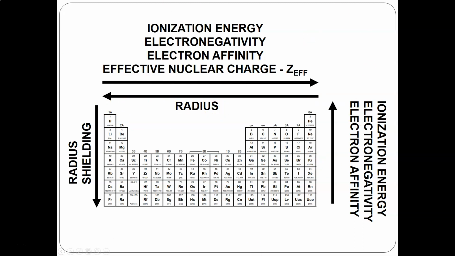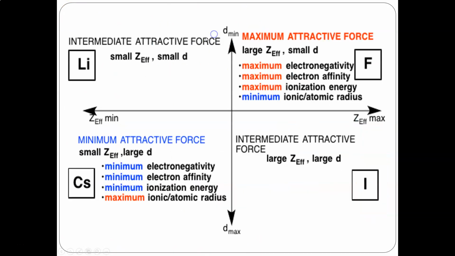I love this graph. This is the one that I personally, if I'm going to imagine it, this is the one that I use. However, some people really like this one. I do like this one because it gives you some examples. Okay, if we're looking at the periodic table, kind of the top left quadrant up towards lithium has a small effective nuclear charge and a small diameter.